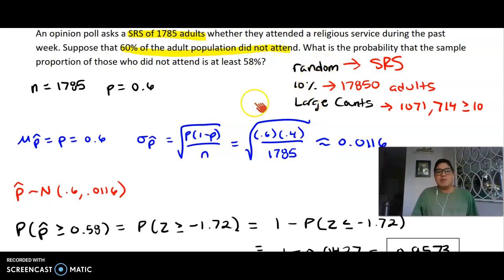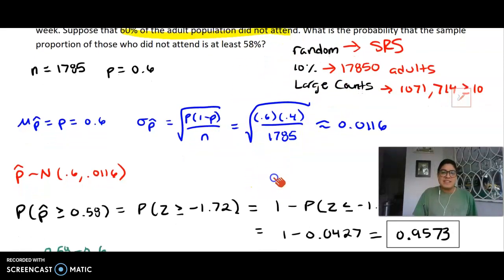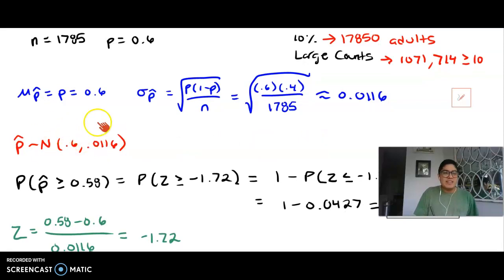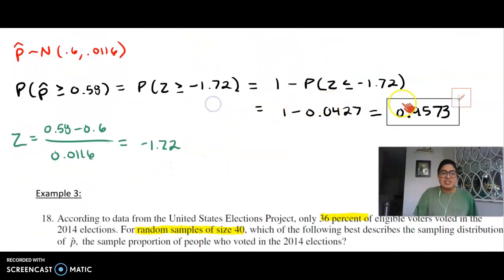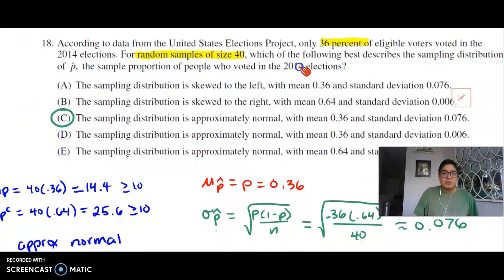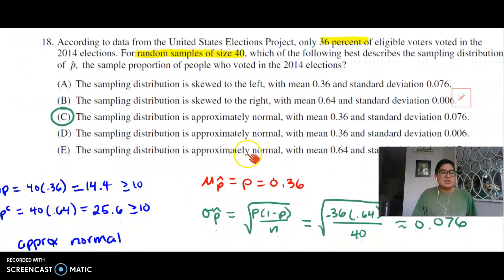So when we're doing problems like this, you can just go ahead and make notes here. Notice these are not complete sentences, so on the actual AP exam this would not fly, but it's okay, we're just practicing. If you did this correctly, your conditions should have been met, you should have had this sampling distribution, and you should have gotten about 0.9573. Then in the multiple choice question, the answer was choice C.